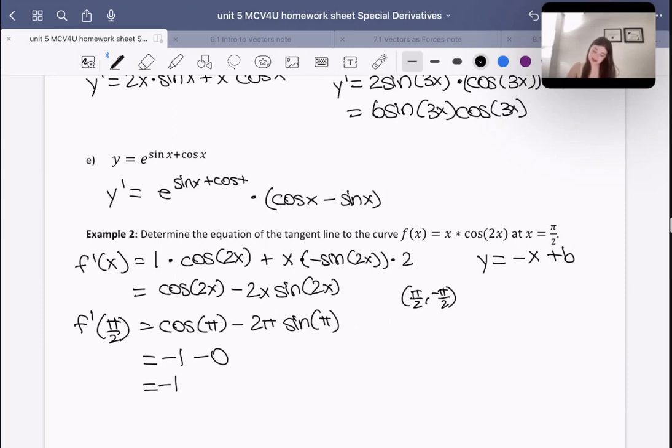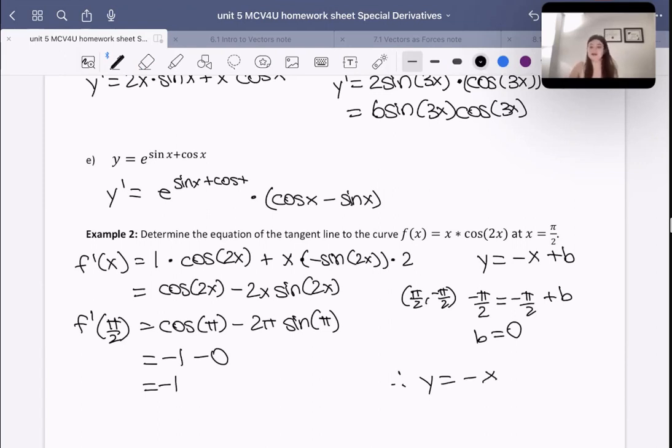If I plug pi over 2 into the original equation, I would get negative pi over 2. So that's going to be my x and y values. So negative pi over 2 is equal to negative pi over 2 plus b. So therefore, b is equal to 0. So therefore, our equation is y is equal to negative x.